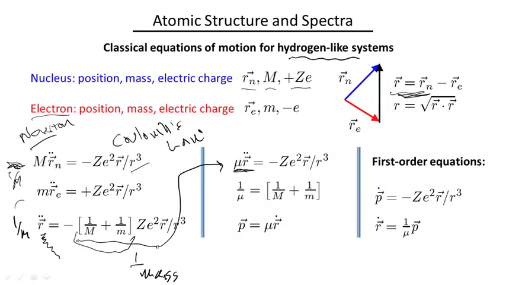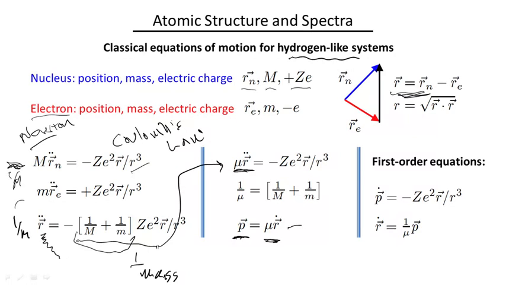Now we define the momentum p associated with this coordinate. It's just the mass times the velocity, the usual definition. And this then allows us to rewrite the equations of motion as a pair of coupled first-order equations in time.